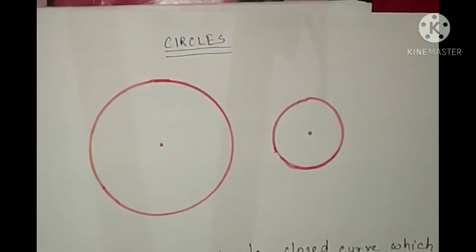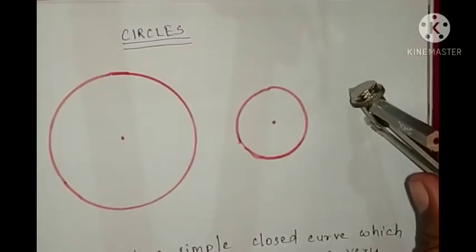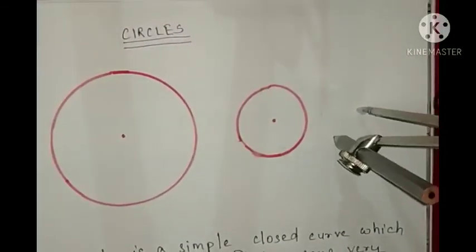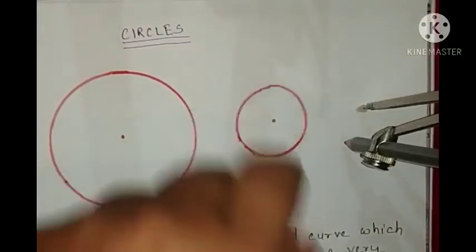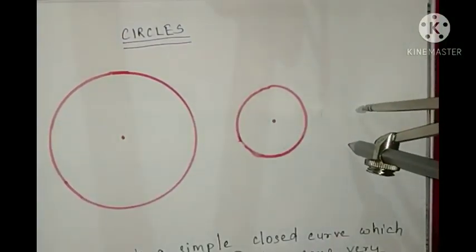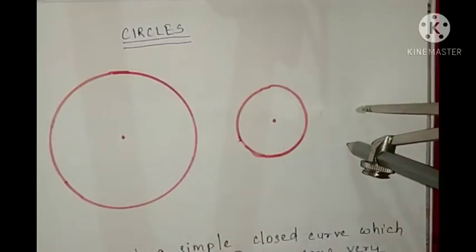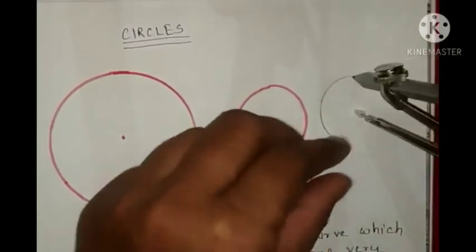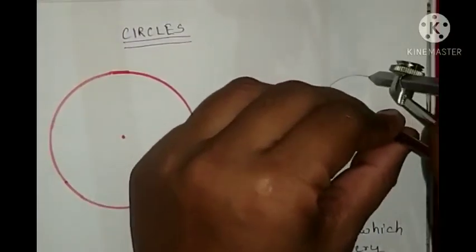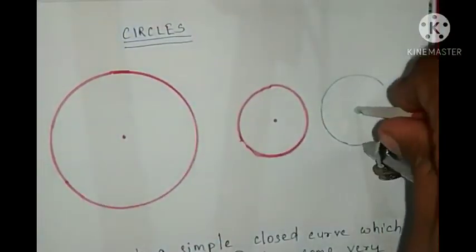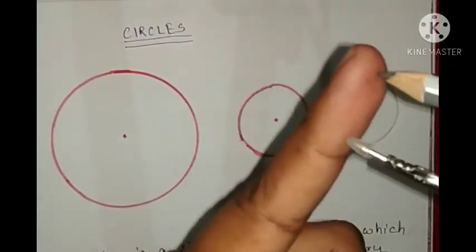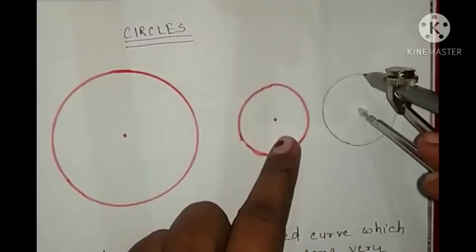And if you take a divider or a compass, look, I have taken a compass and I'll put the pointer of the compass in a fixed position and move the pencil around it. Look here, the distance from the pointer to the pencil is always equal.